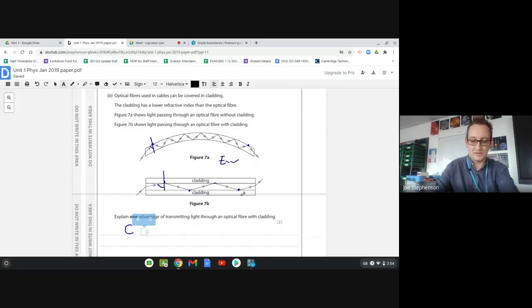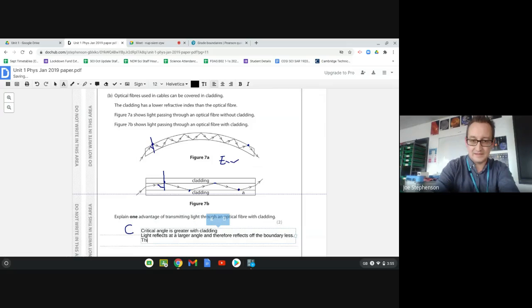So the critical angle is greater with cladding. Then you've got to say what that means. This means that the light reflects at a larger angle, and therefore reflects off the boundary less.